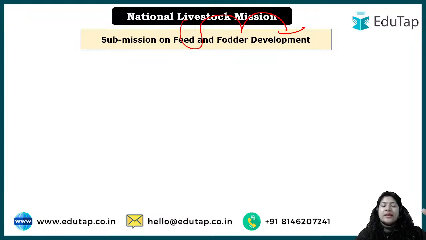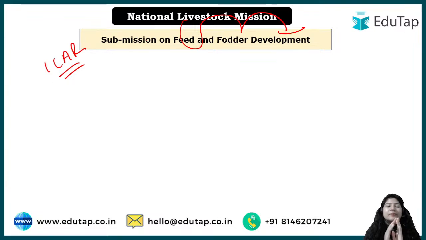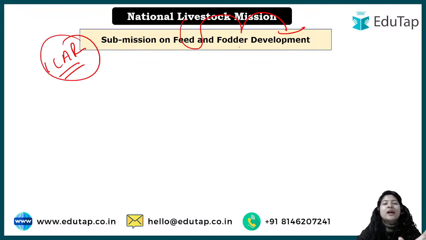Our ICAR, the Indian Council of Agriculture Research, the autonomous body which looks into research. So whether it is a university, institutions, NGOs, or even private firms involved in the research part, they will get the benefits under this particular submission.